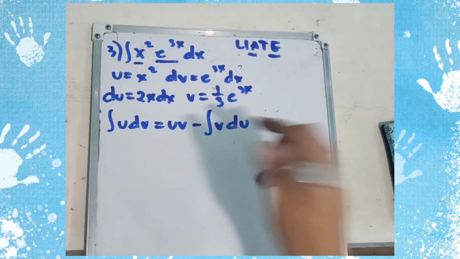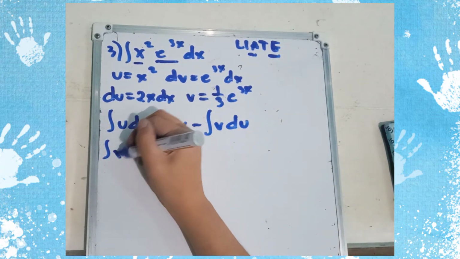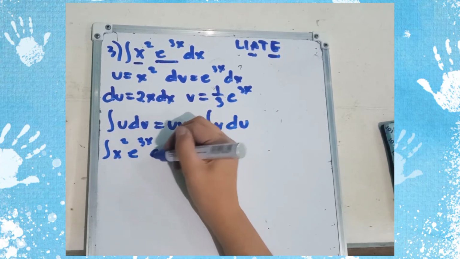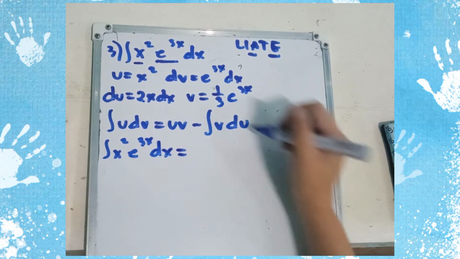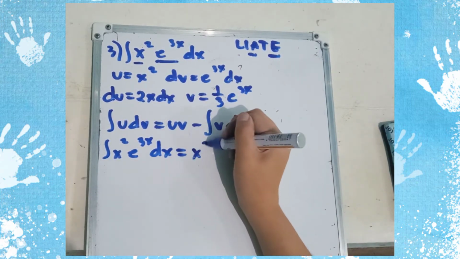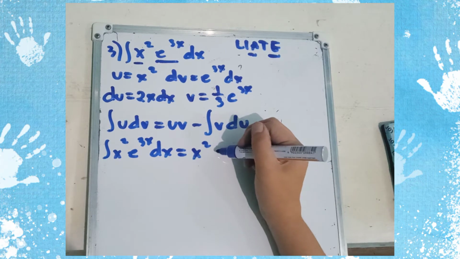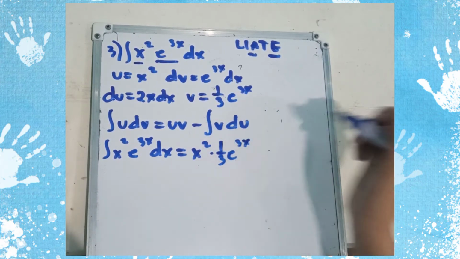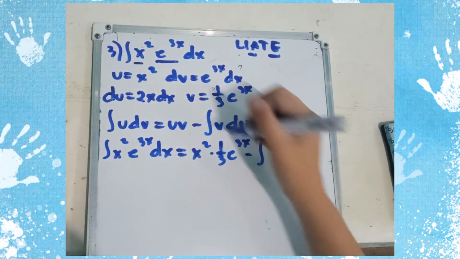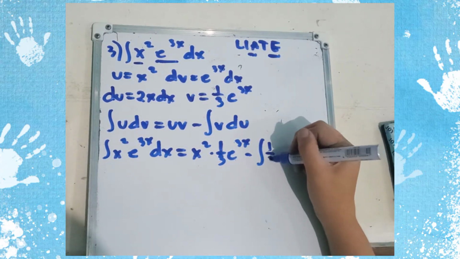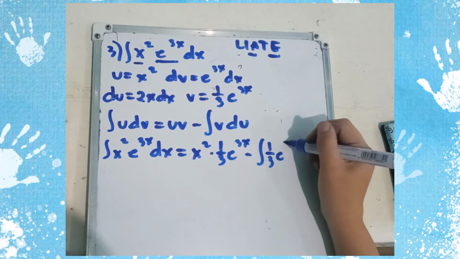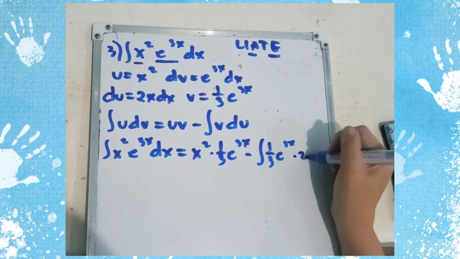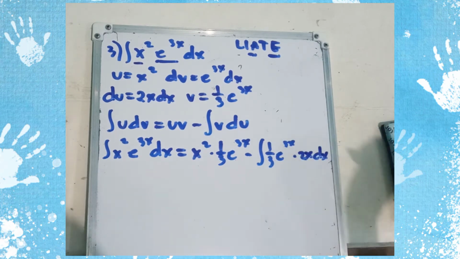So substituting, the integral of x squared e to the power of 3x dx is equal to u, which is x squared, times v, which is 1/3 e to the power of 3x, minus the integral of v, that's 1/3 e to the power of 3x, then du, 2x dx.